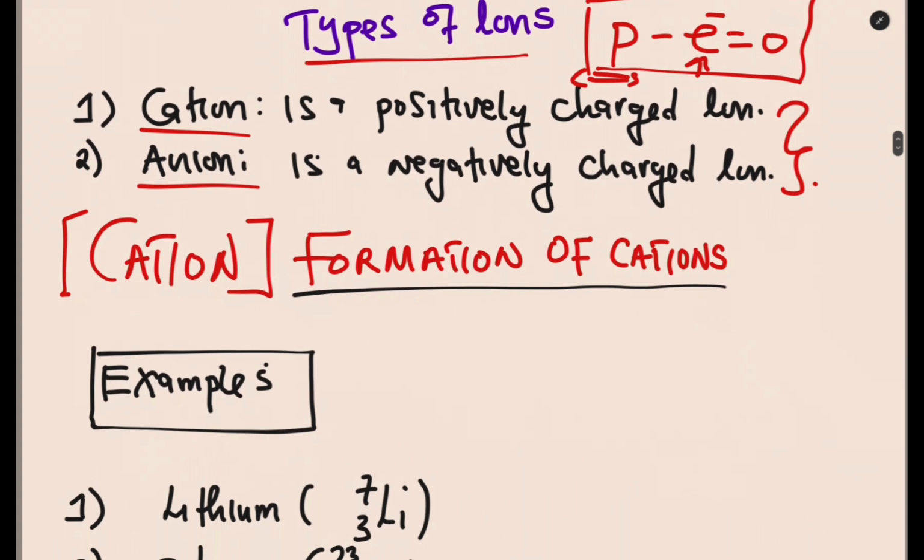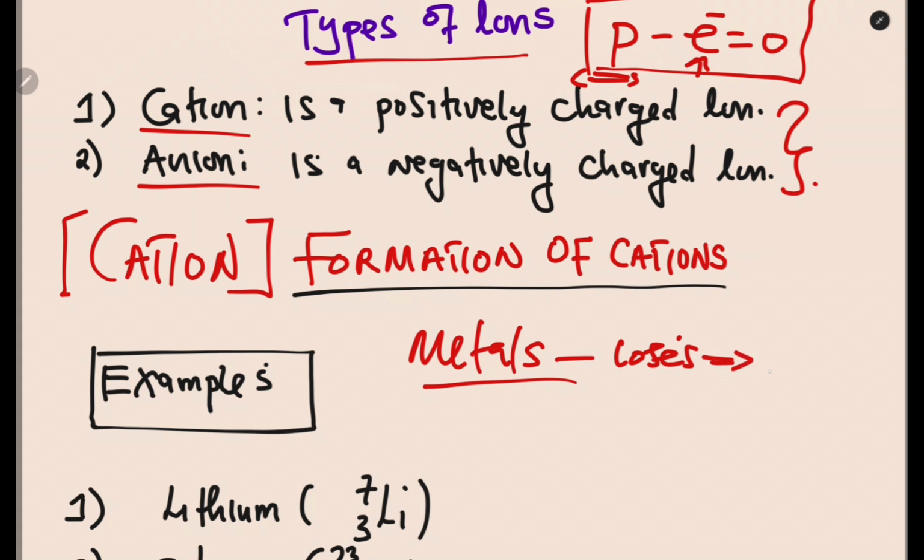I should mention that these are ions mainly formed by metals, because atoms of metals tend to lose electrons in order to gain stability. So we can safely say that most metals lose electrons and become positively charged, which means they form the cation.